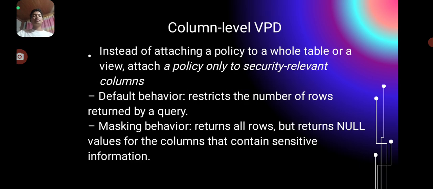So next, column-level VPD. Instead of attaching a policy to a whole table or a view, attach a policy only to security-relevant columns. The default behavior restricts the number of rows returned by a query. Masking behavior returns all rows but returns null values for the columns that contain sensitive information.